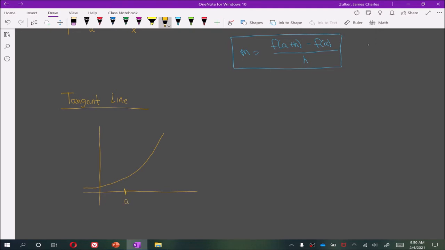Let's say this is A, and this here would be f of A. So the tangent line at A is the straight line that intersects the graph at only the point A. So that's terrible, let's see if I can do better.